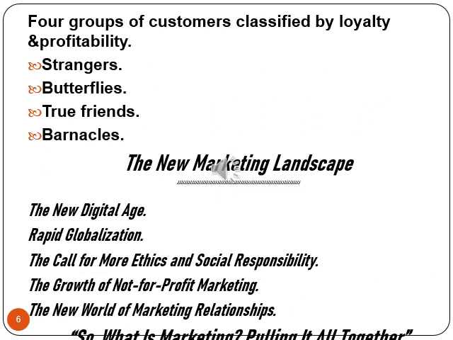The first of the four groups, classified by loyalty and profitability, is called strangers. And strangers offer companies almost no profitability and no loyalty.